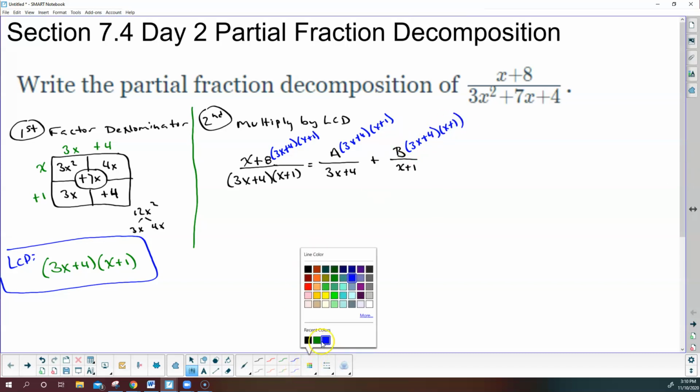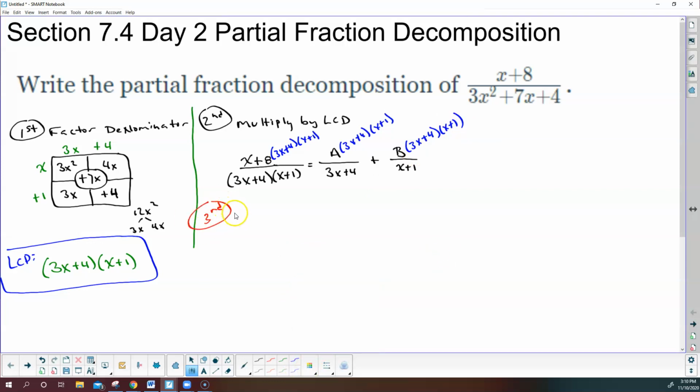All right. Now, the next step, if you want to think of these as steps, is we're reducing. We're going to reduce out what the factors have in common on top and on bottom. I've got a 3x plus 4 on top and on bottom, an x plus 1 on top and on bottom, and then here the 3x plus 4 reduces out with the 3x plus 4, and then for B we get x plus 1 and x plus 1.